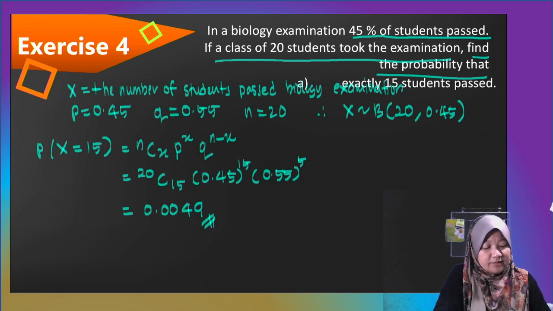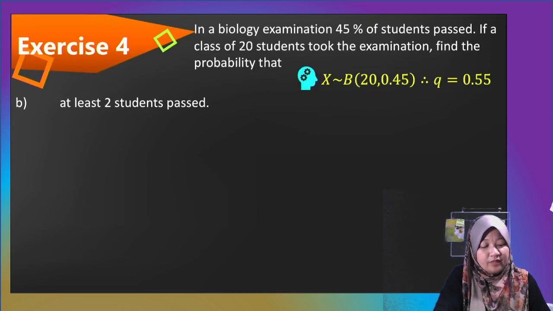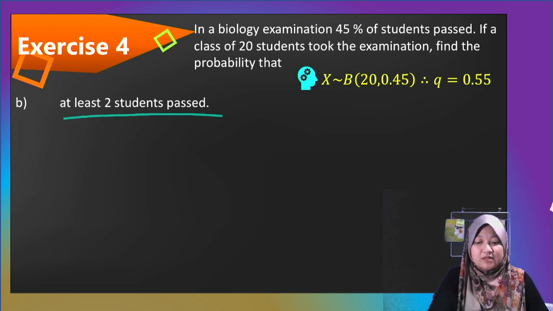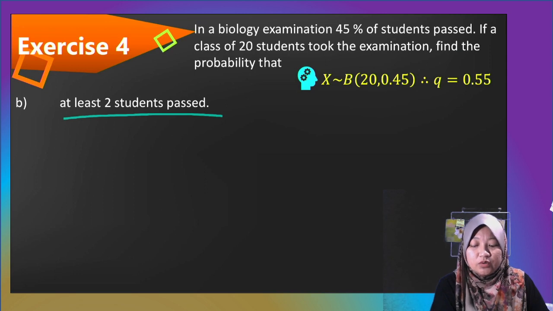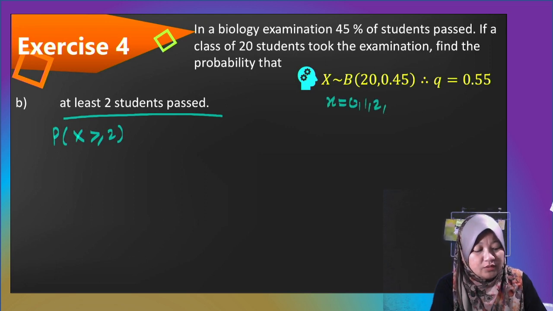Okay, next, for the same question, find the probability at least 2 student pass. At least, apa maksud at least 2? Maksudnya sekurang-kurangnya 2, jadi probability X greater than or equal to 2. So, X kita 0, 1, 2, 3 until 20.